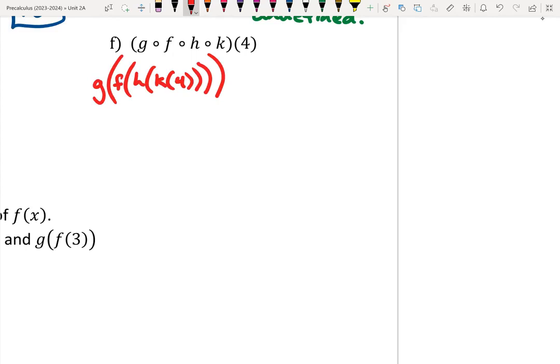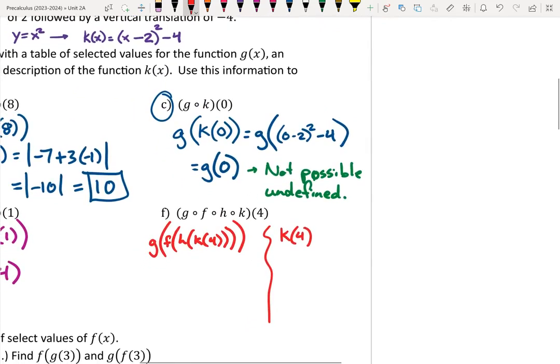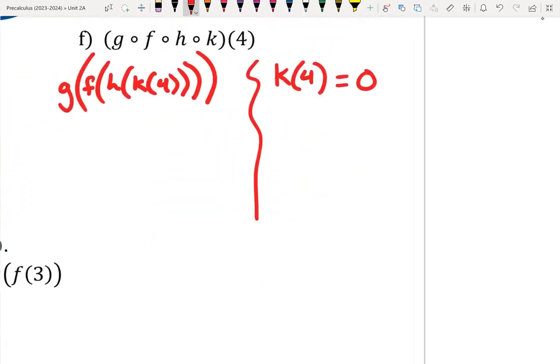K of 4. What is K of 4? Looking up at your stuff. Is that 0 again? All right, there we go. So now that we know what that is, I can bring this down a little bit. So that's G of F of H, but now I know K of 4 is 0, so that's now 0.